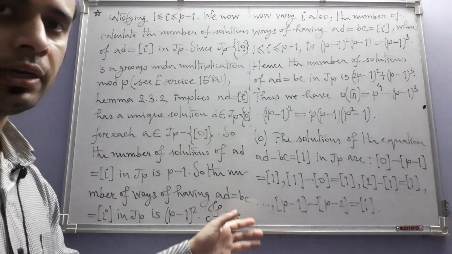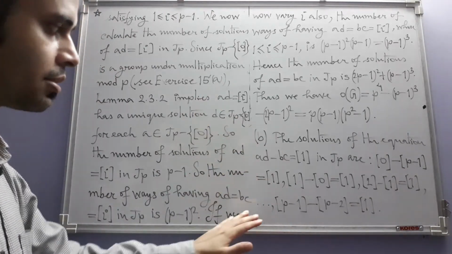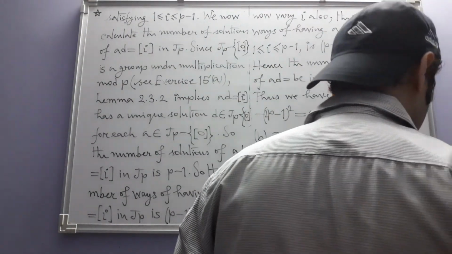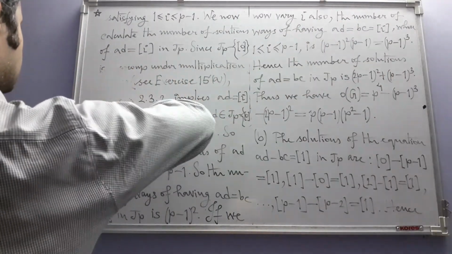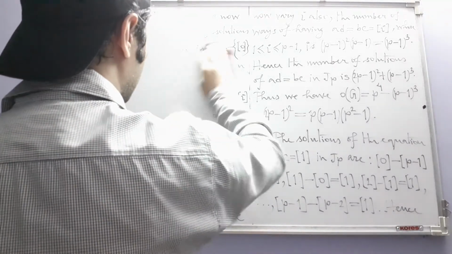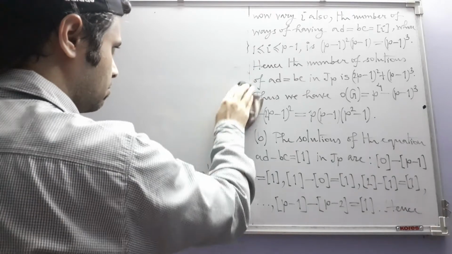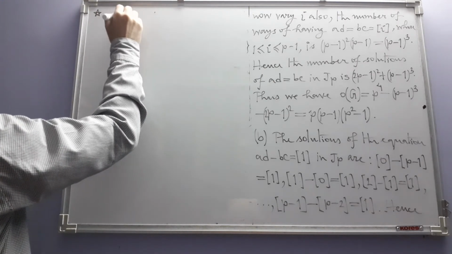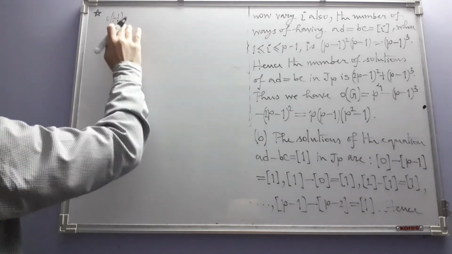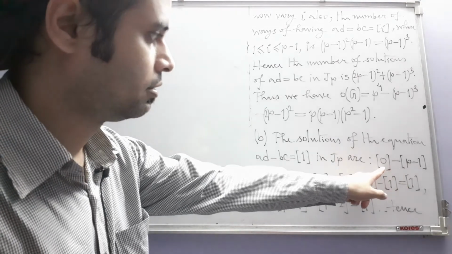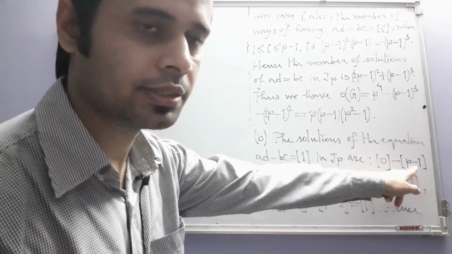So here we won't write anything much because we have been going through this for some time. We directly write hence order of H becomes what? If we have the first situation, then this is AD, this is BC.